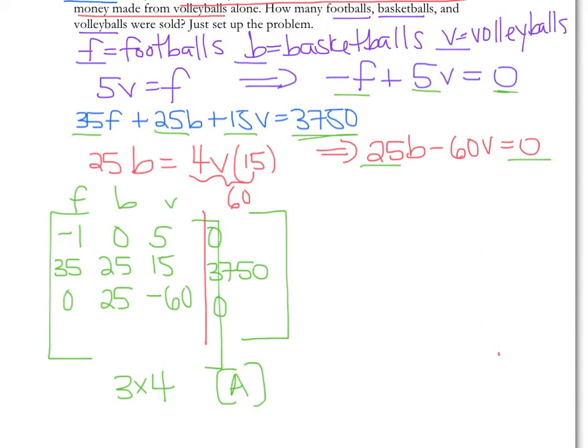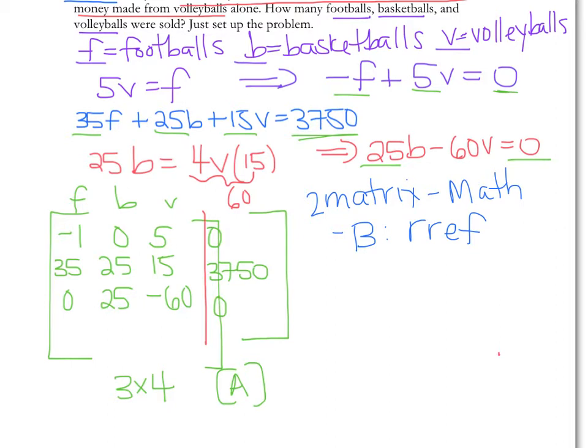So once you have that entered in matrix A, go to your home screen by hitting second quit, which is above the mode button. Then hit second matrix, go to math, and then hit the up or the down arrow, whichever one you prefer, and go to letter B, which says RREF, row reduced echelon form.